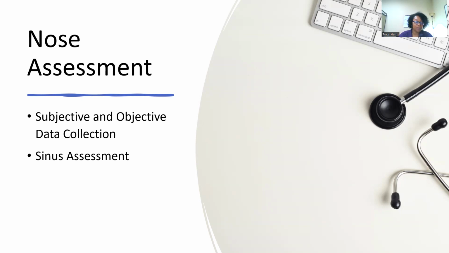So when you move on to the objective data, you're going to inspect the external nose. You're going to look for alignment and proportion. Is it the right size for this? You're going to test for patency of the nostrils, where you may have them close one nostril, take a deep breath, and then move to the other nostril.